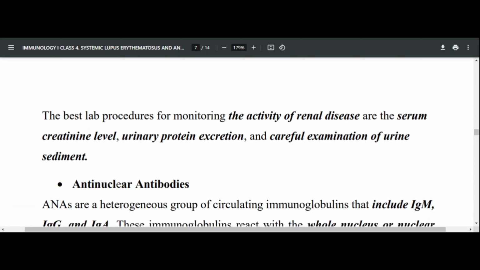You can also find, of course, lupus cells or lupus erythematosus cells. You remember them, right? In body fluid analysis, the way we stain them, the way we examine them, and the characteristic on the microscope.